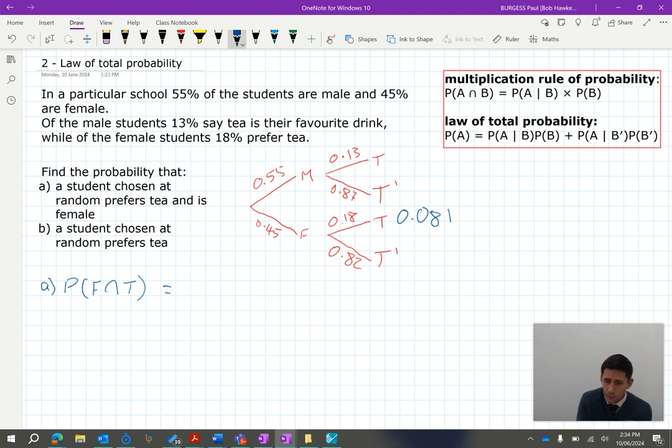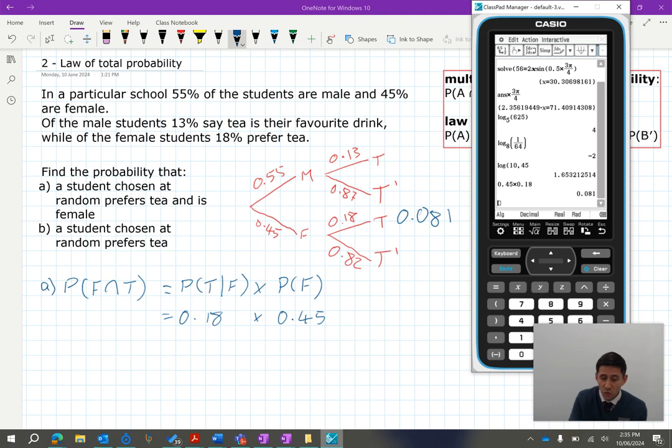Using that rule, that's the probability of preferring tea given that you're female, multiplied by the probability of being female. The probability of preferring tea given that you're female is just that 0.18, and you multiply that by the probability of being female, which is 0.45. That's exactly the same multiplication that we did before, just the other way around.